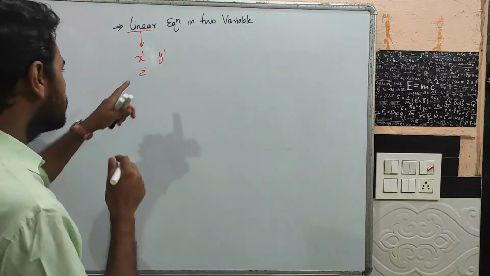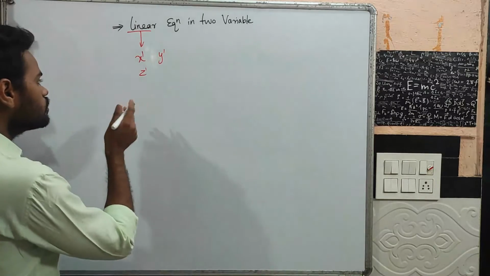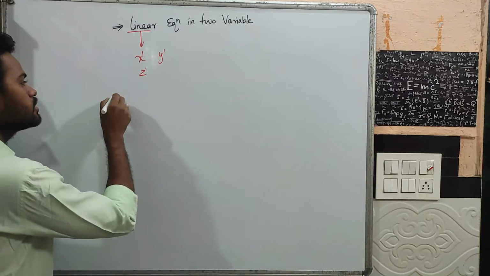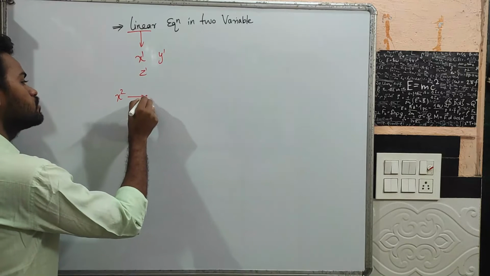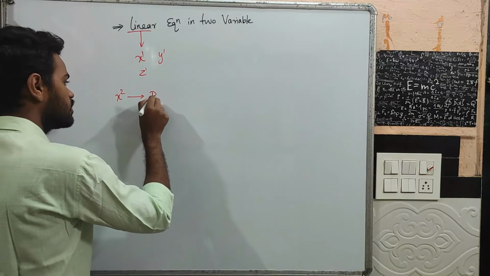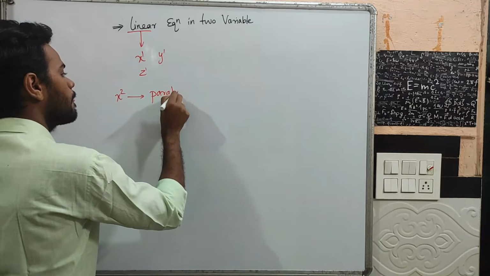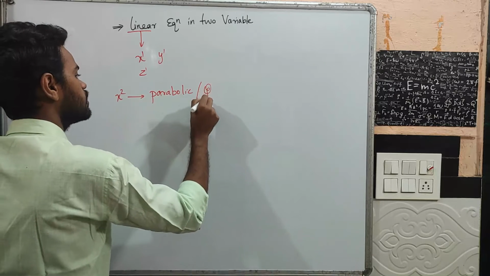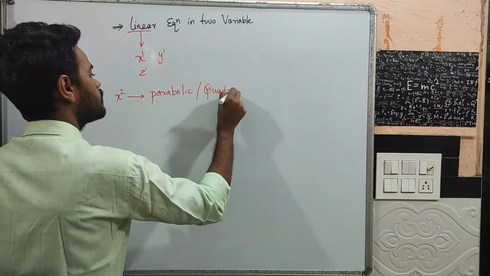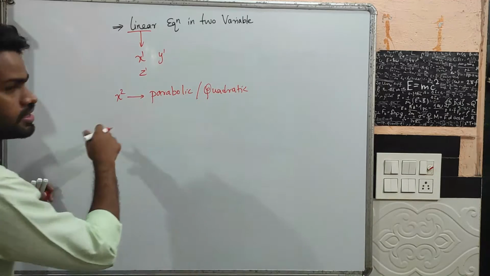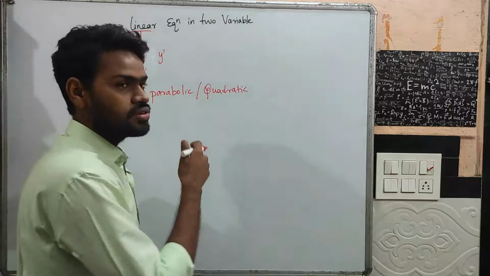If the degree is not 1, then it is not linear. For example, x square is quadratic or parabolic. If it is 3, then it is cubic, and if it is 4, then quartic.